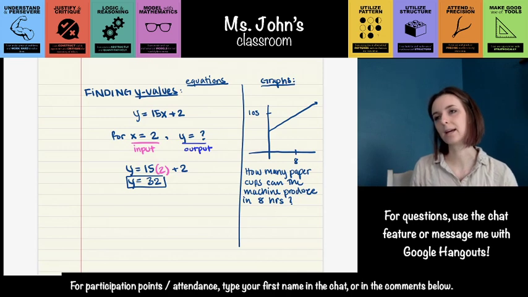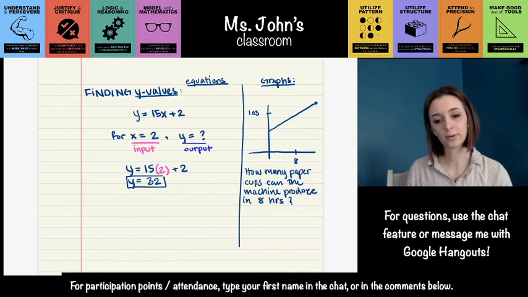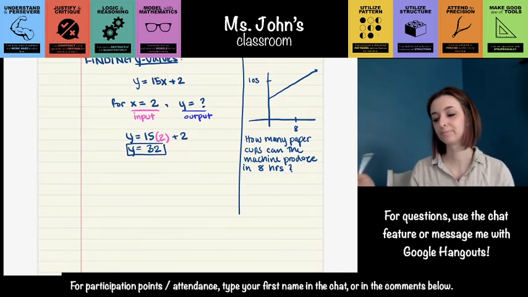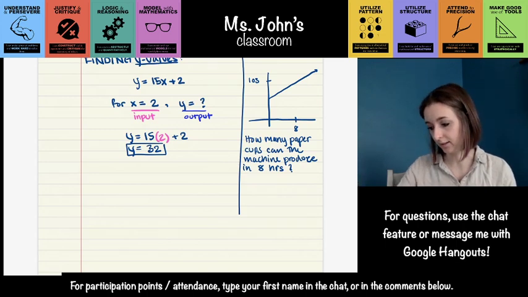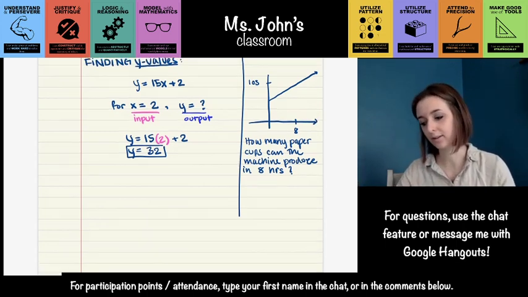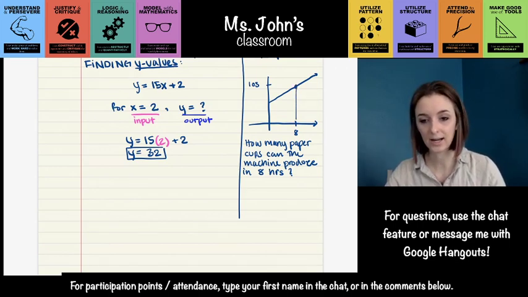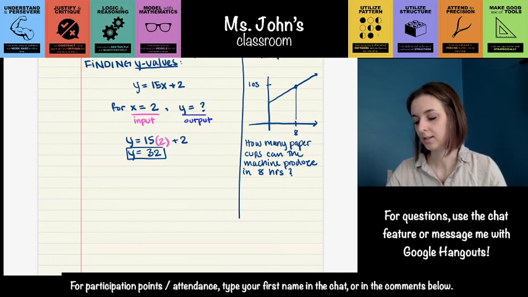That's an example of a question where they're looking for an output, because they're giving you an input value and you need to find the output. From a graph, you go along the x-axis, find that input value, which is 8 in our silly little graph here, and then follow that value up to find where the graph is at 8. That y value is what they want.